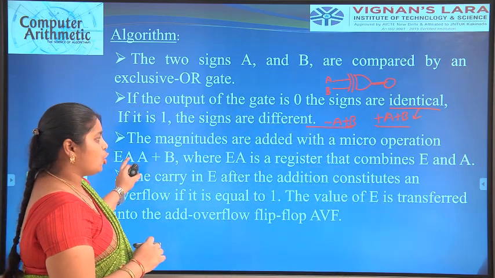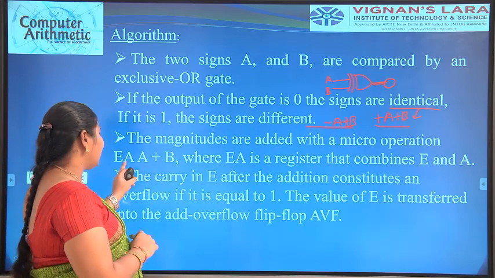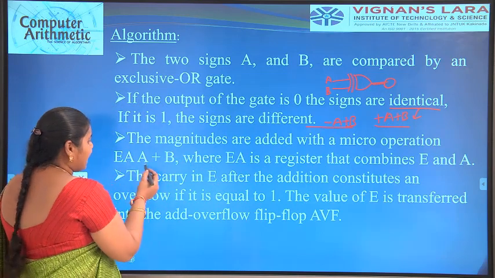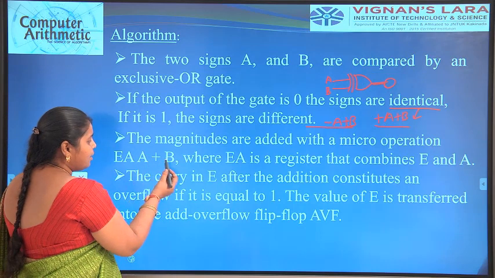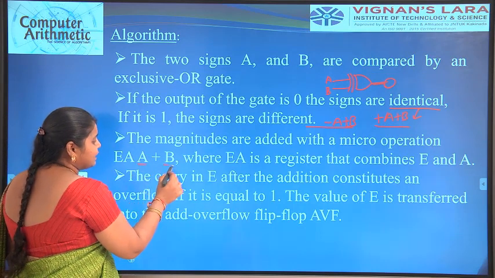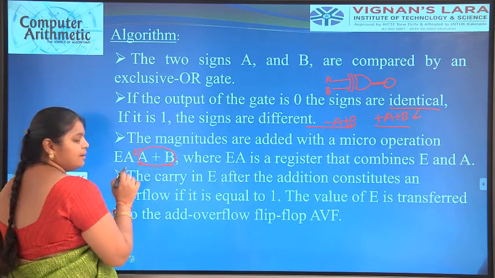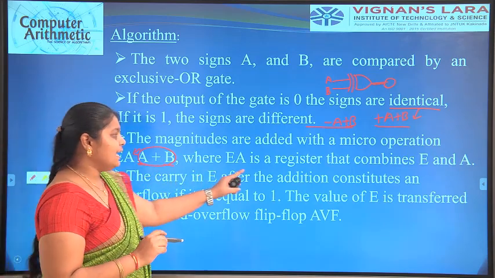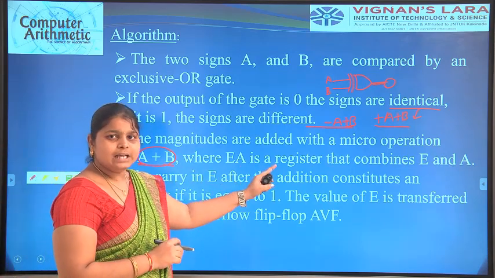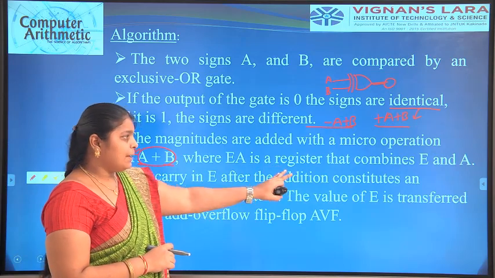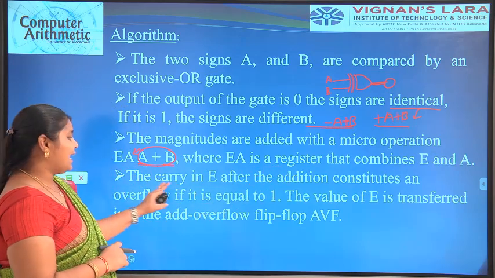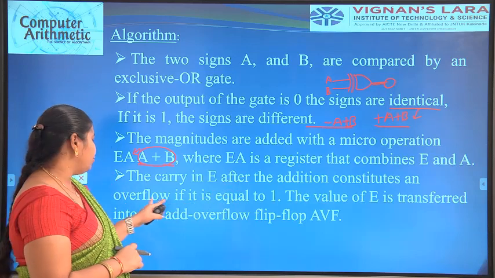Okay, the magnitudes are added with the micro operation. EA means the data is stored by addition, where A is one operand and B is the other operand. This whole operation can be stored in the EA. EA is a register. Register means storage memory, the combination of E and A, where the carry in E after addition signals overflow.